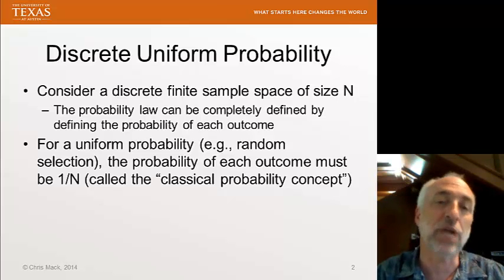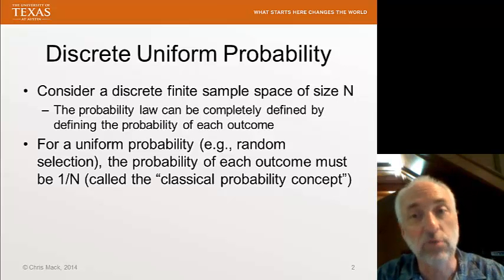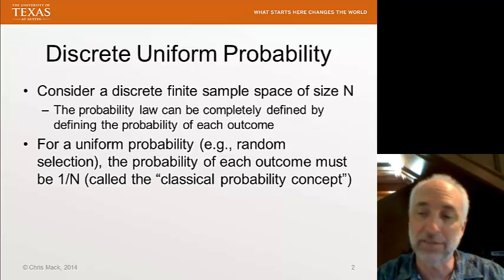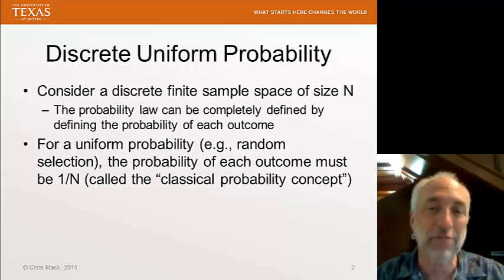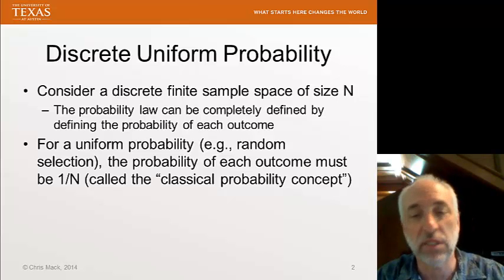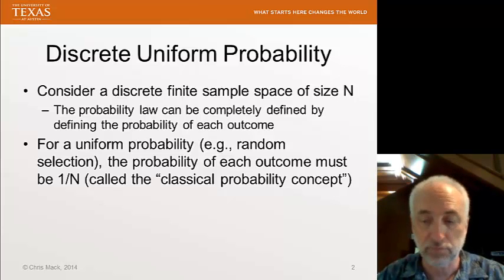And games of chance tend to have uniform probability, unless you have loaded dice or a card shark. Generally, dealing cards or rolling a dice, there's a uniform probability of any event occurring.